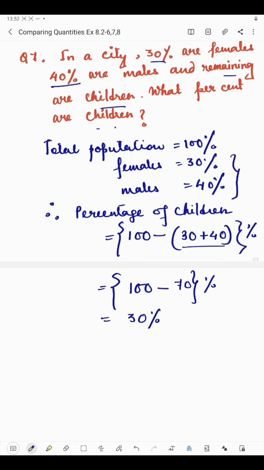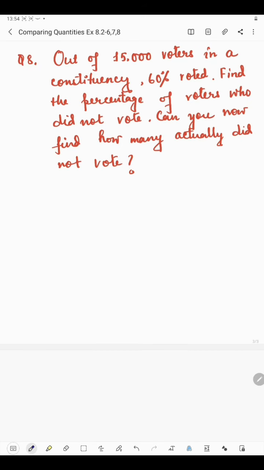Now coming to question number 8. Question number 8 says, out of 15,000 voters in a constituency, 60% voted. Find the percentage of voters who did not vote. That means out of 15,000 voters, 60% voted, and we have to find the percentage of voters who did not vote.